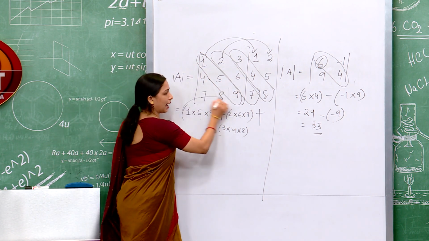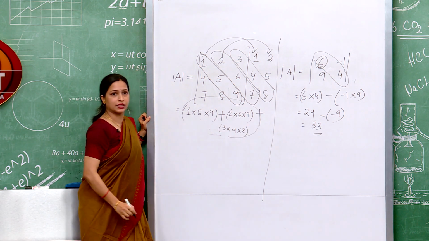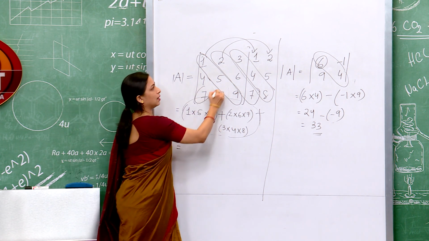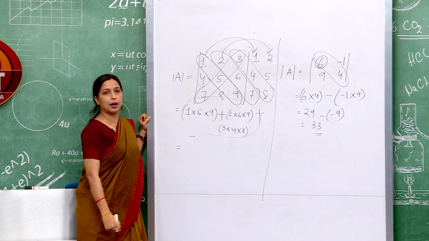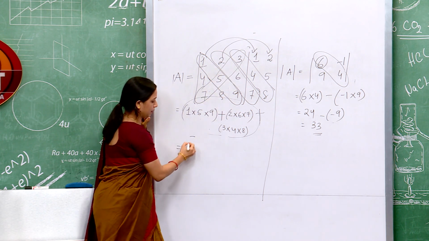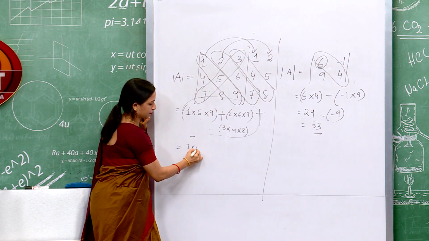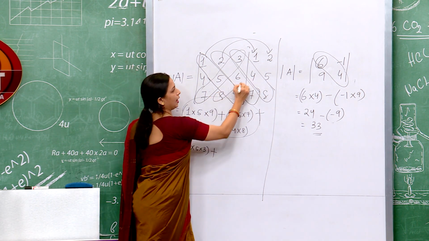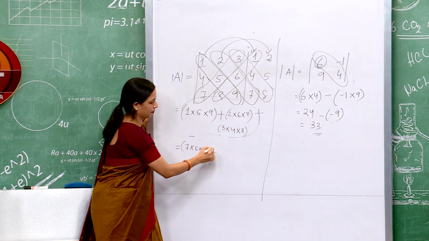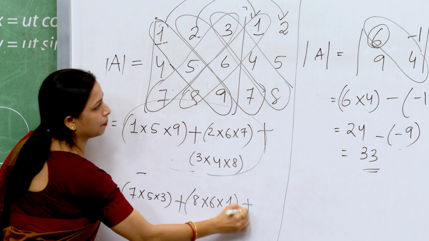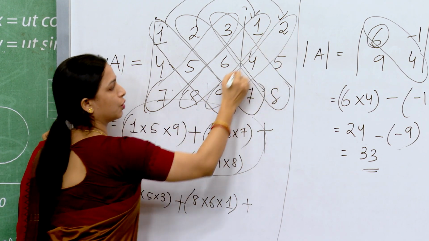Now, we add it up and therefrom we subtract the product of the upward diagonals, right. So, starting with 7 into 5 into 3 plus 8, 6, 1 plus 9, 4, 2, right.